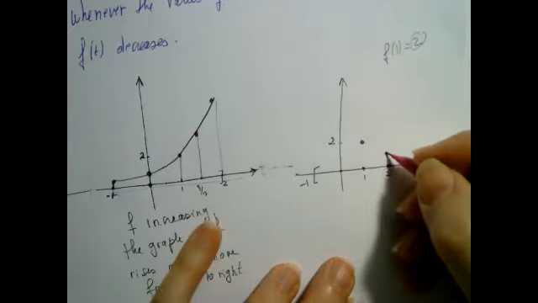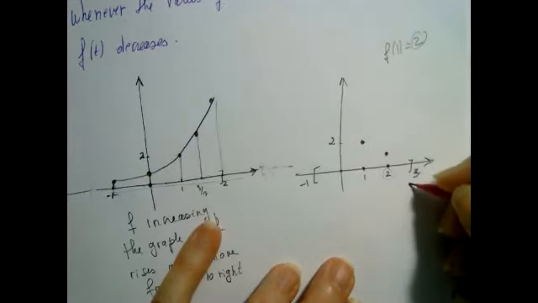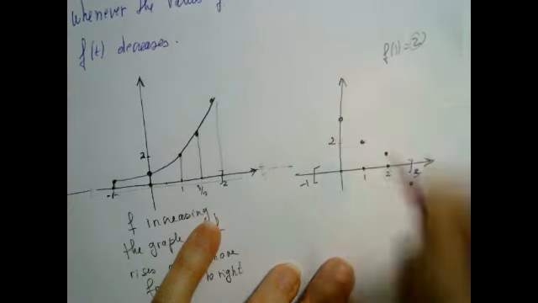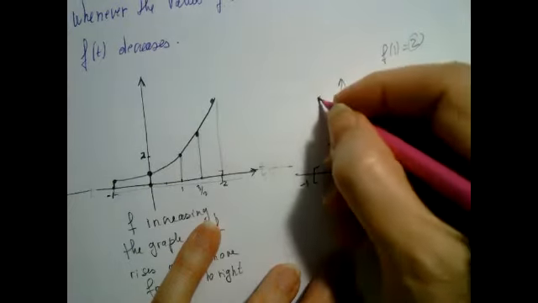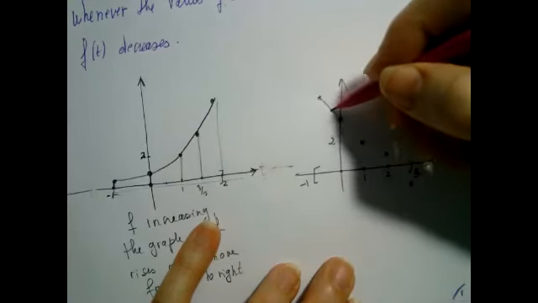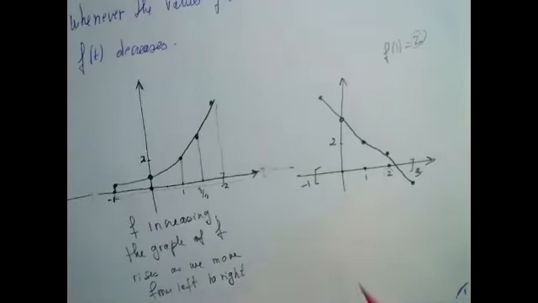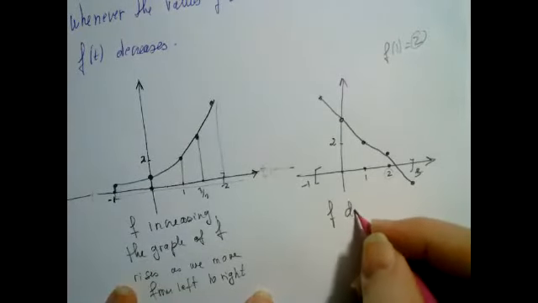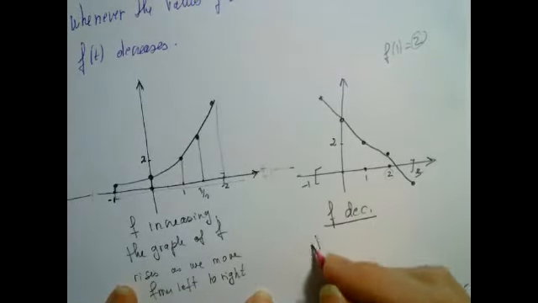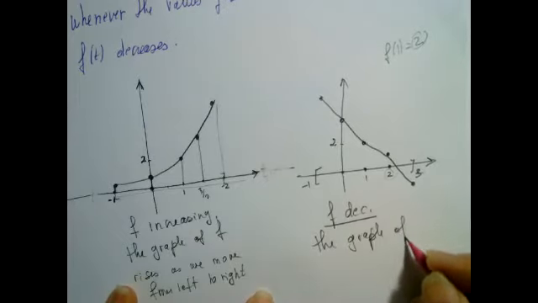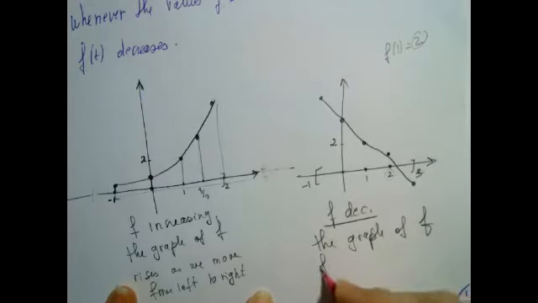I said if it's decreasing, it's going to be less than 2. Less than 2. So this function is going to be like that. At 3, it's going to keep going. At 0, it's going to be here. At 1, it's going to be here. So the graph is actually going to fall. So if f is decreasing, it means the graph of f falls as we move from left to right.